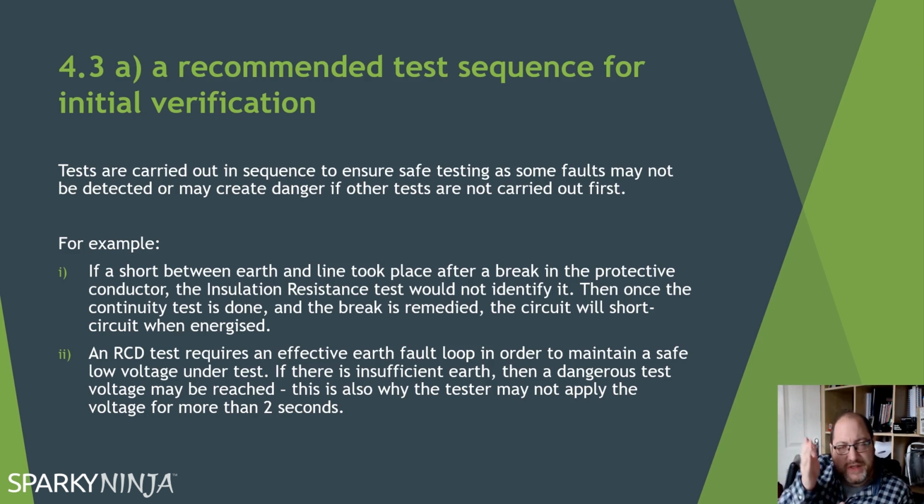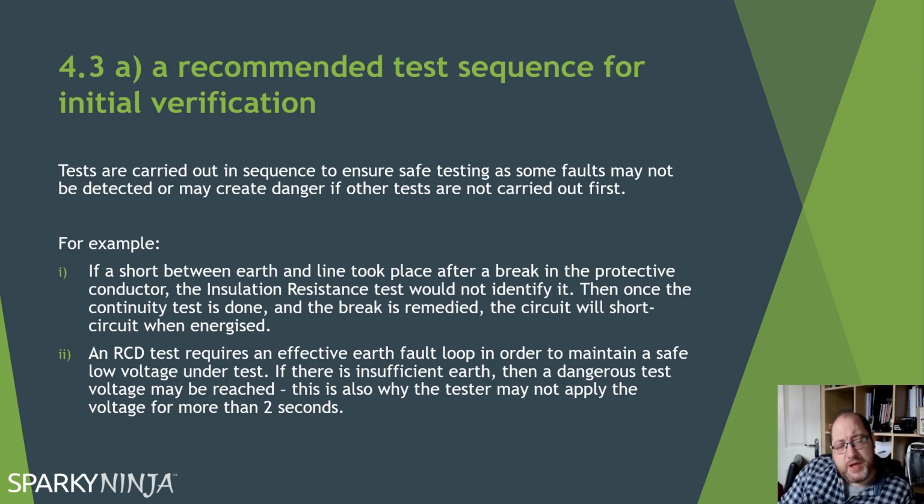I would repeat the protective conductor test, and I'd then move forward. Potentially then I'd be energizing a circuit with a line to earth short. So if I do the protective conductor continuity test first, I would find that, fix that, and then with the next test, the insulation resistance, I would find the line to earth short as well.